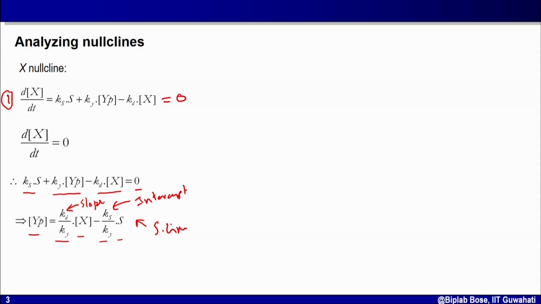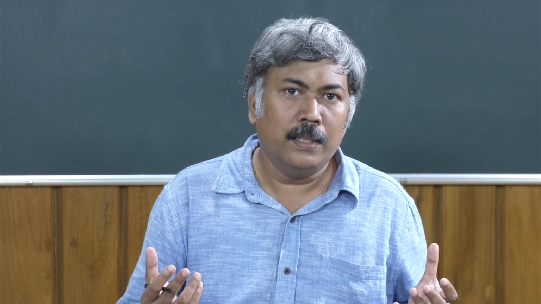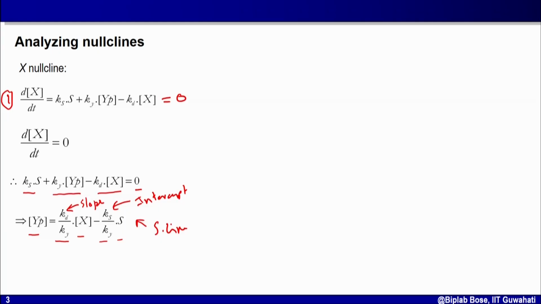So yp versus x is a straight line having an intercept ks by ky into s, and the slope is kd by ky. Now one thing we should keep in mind here, that this nullcline depends upon input signal s, because this nullcline has an s term in its intercept.